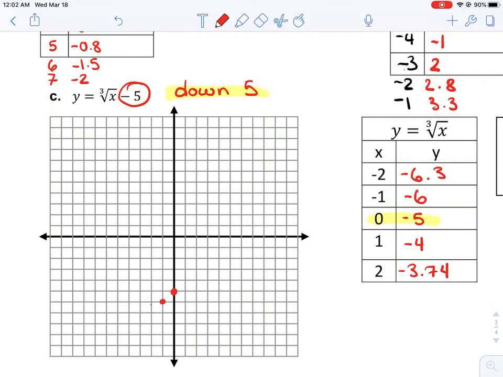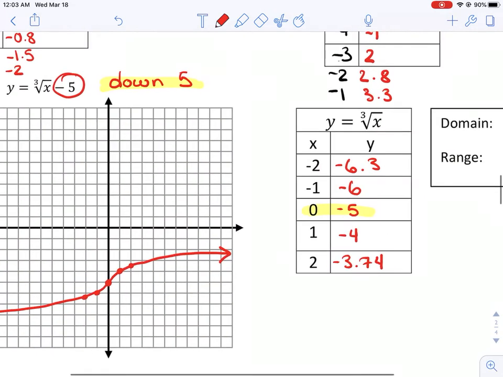At negative 2, we're at negative 6.3. Okay, so that's our left half. Now at positive 1, we're at negative 4. And at positive 2, we're at negative 3.7. So almost to negative 4, but not quite.